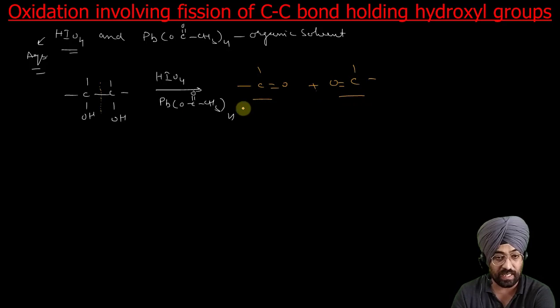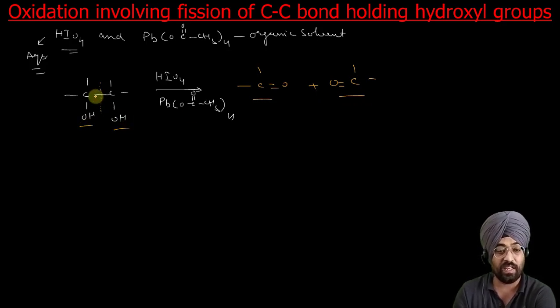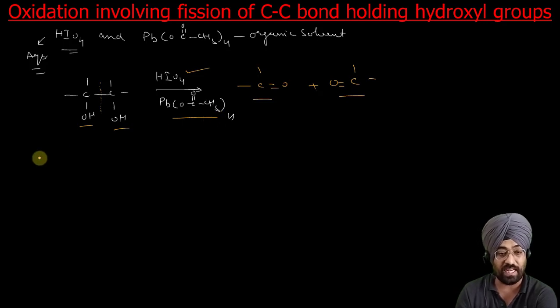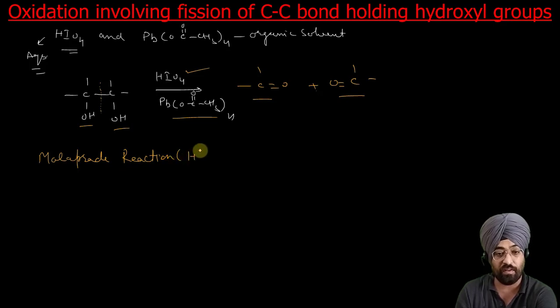So here, oxidation of the alcohol has taken place as well as cleavage of the carbon-carbon bond. These are done with HIO4 and lead tetraacetate, and when we do the reaction with HIO4, the reaction is sometimes called the Malaprade reaction.